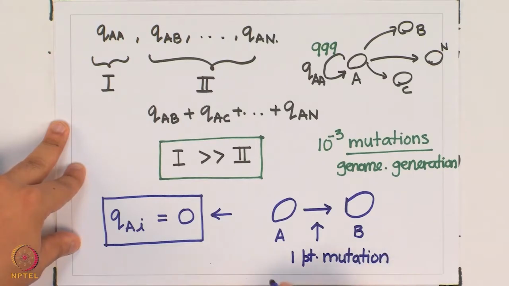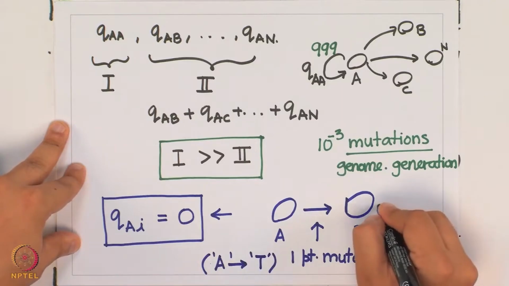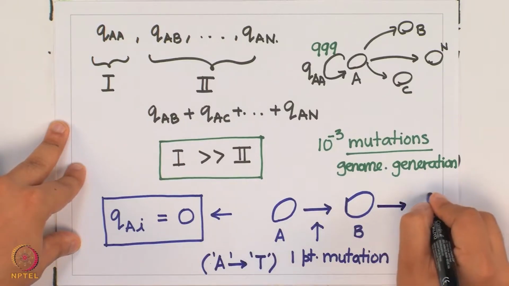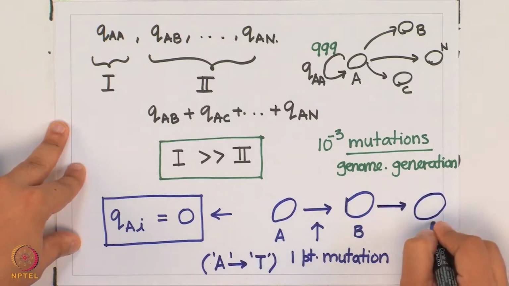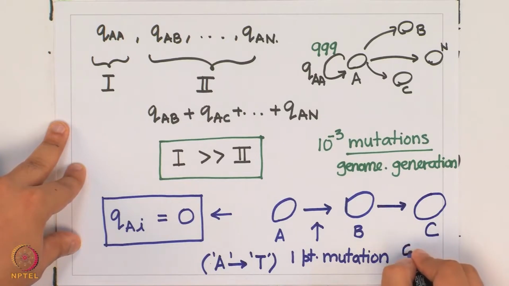Let's imagine this is a nucleotide A changing to nucleotide T, but B then mutates to genotype C, and this change happens via a G changing to a C at another place on the chromosome. So these two mutations that we are talking about are happening at distinct locations on the chromosome.